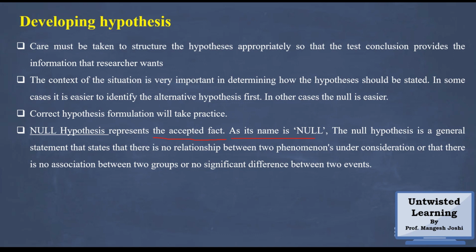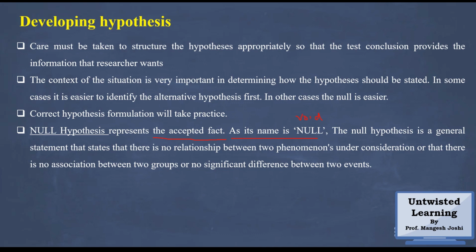As its name suggests, it is null, that is, null or void. The null hypothesis is a general statement that states there is no relationship between two phenomena under consideration, or that there is no association between two groups, or no significant difference between two events. So that is called a null hypothesis.